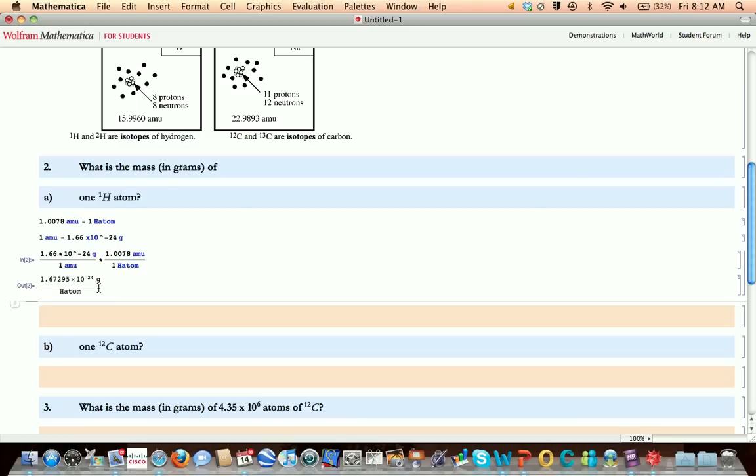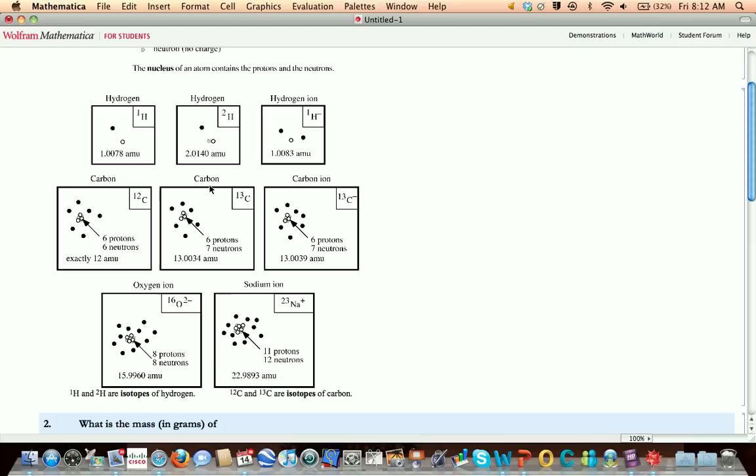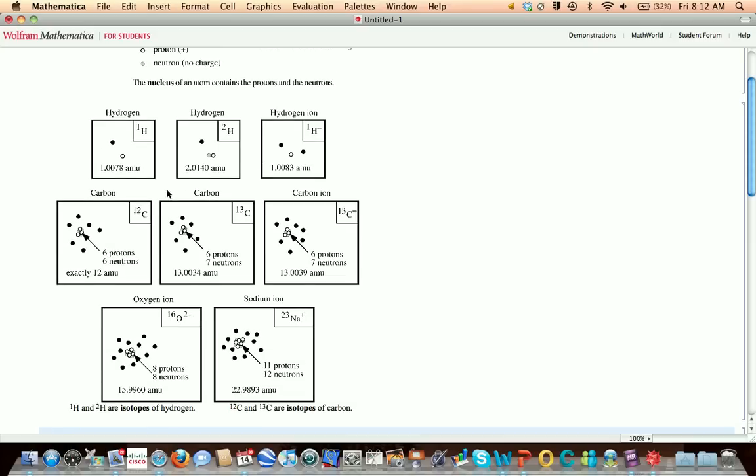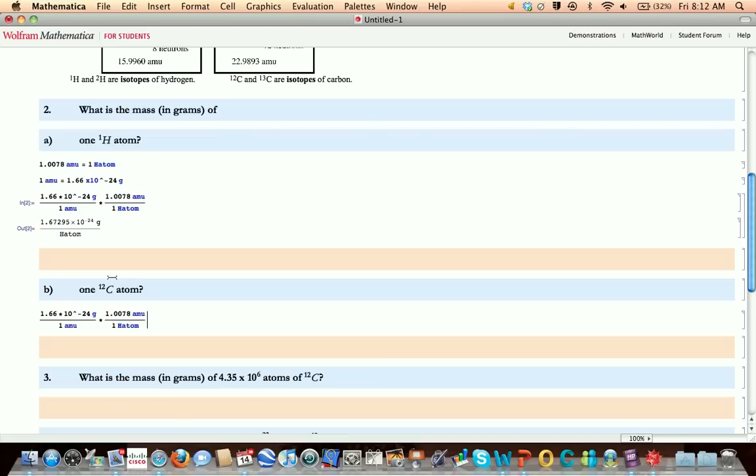So I'm going to try the same thing, and hopefully in a little bit more streamlined way. I'm going to cheat a little bit, and I'm going to take this argument here, come down here, and plug this in. But this time I need to get a different value because it says a carbon-12 atom. It says the carbon-12 mass in atomic mass units is exactly 12 AMU.